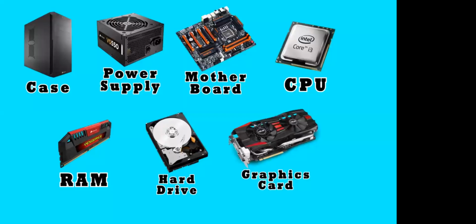What we are storing, the videos or the audio, whatever you download or you are editing, everything will be stored in the hard drive. Okay, then graphics card. Graphics card will give you a good video output.